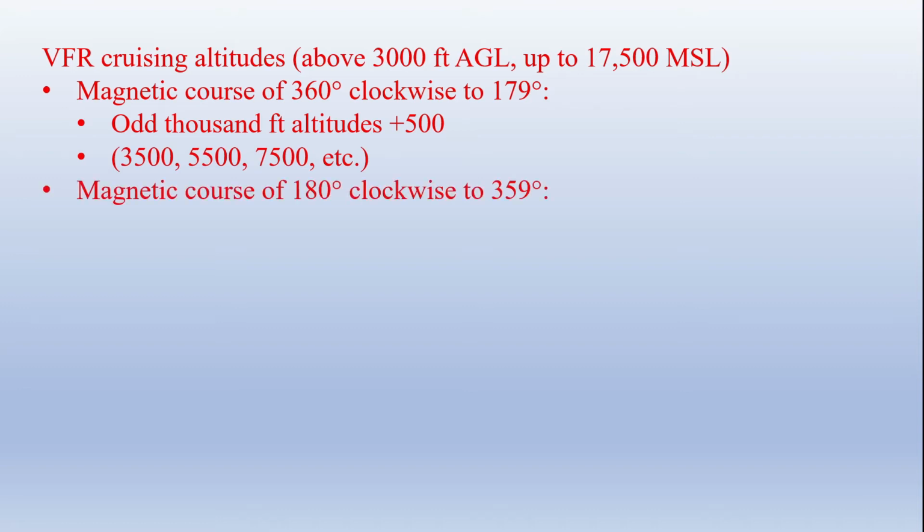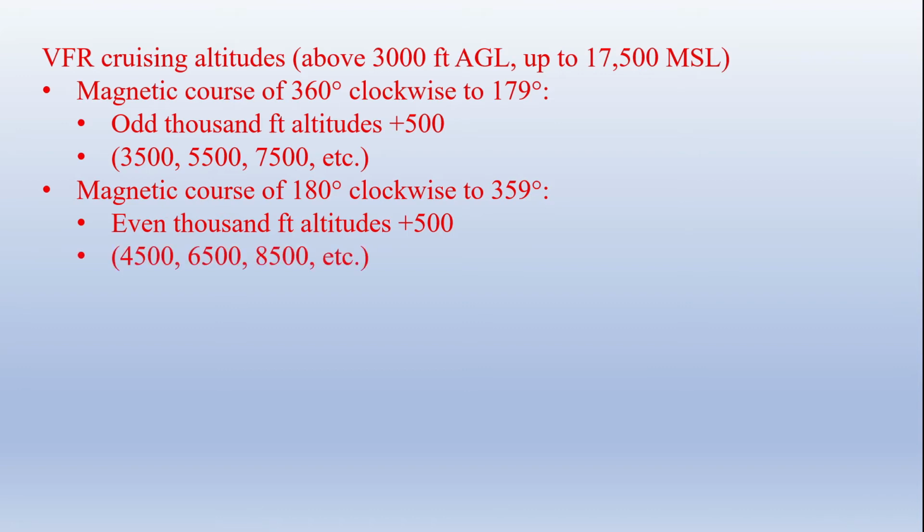If you're using a magnetic course of 180 clockwise around to 359, or generally heading westbound, then you are going to use an even 1,000-foot altitude plus 500 feet. So those are going to be altitudes like 4,500, 6,500, 8,500.